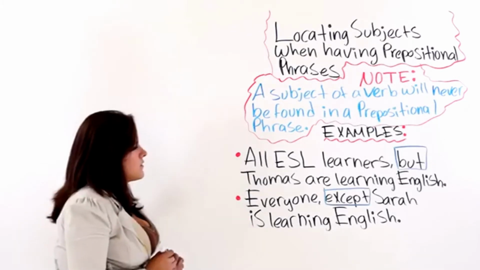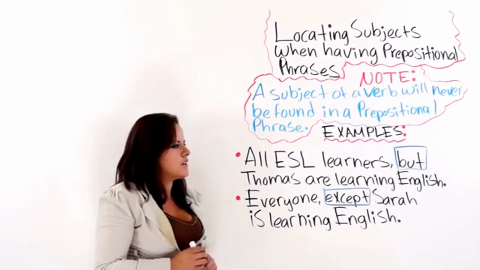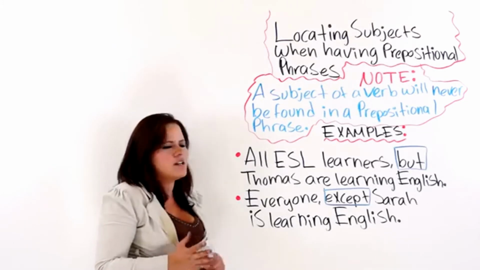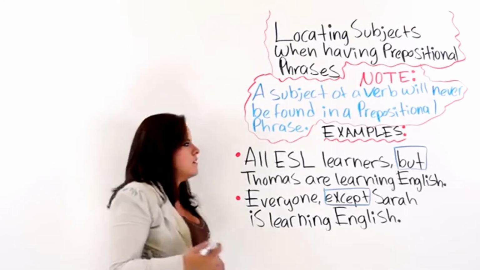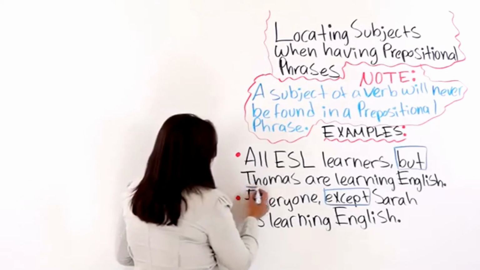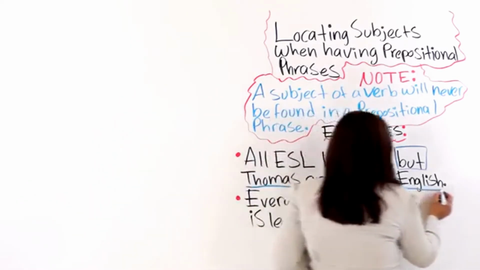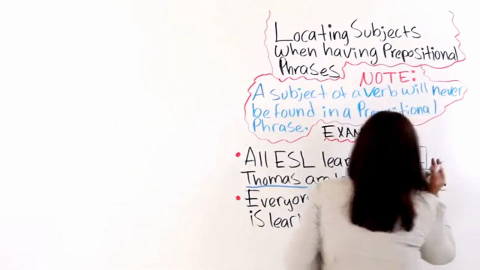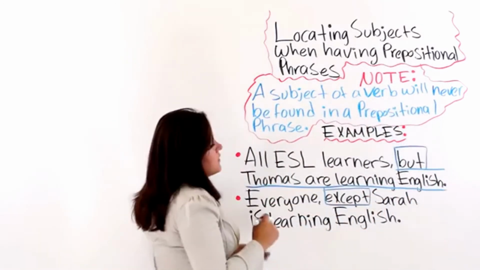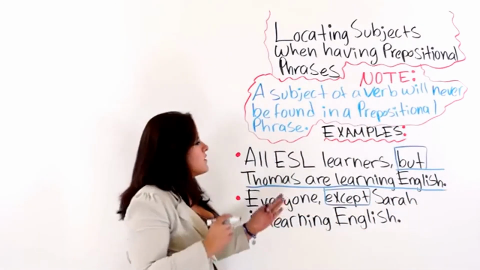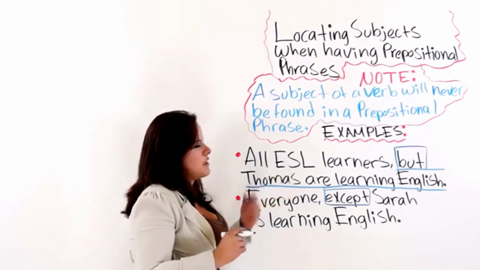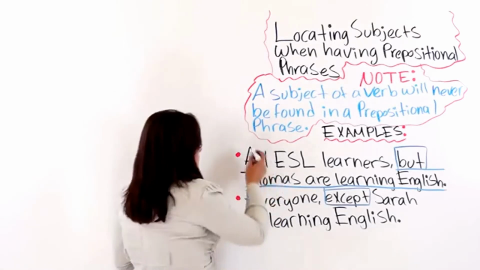All ESL learners but Thomas are learning English. Okay? It is a less recognizable preposition, but it changes this into a prepositional phrase. But Thomas are learning English. Alright? So you cannot find the subject in the prepositional phrase. You have to look up here.